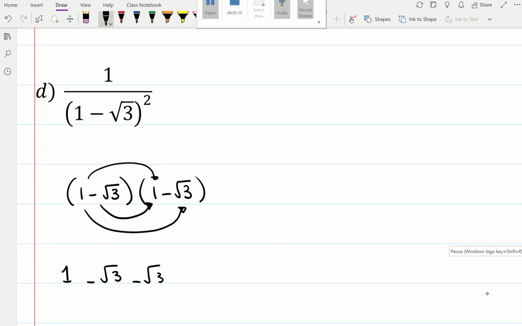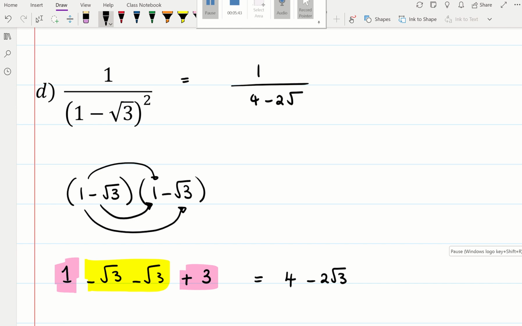And then a negative root 3 times a negative root 3 is a plus 3. I've got like terms here, and I've got like terms there. So the final answer is 4, 1 plus 3, and then minus 2 root 3. So this is really 1 over 4 minus 2 root 3.